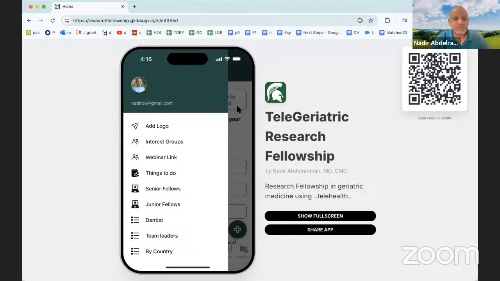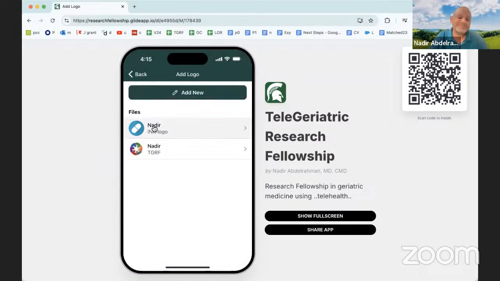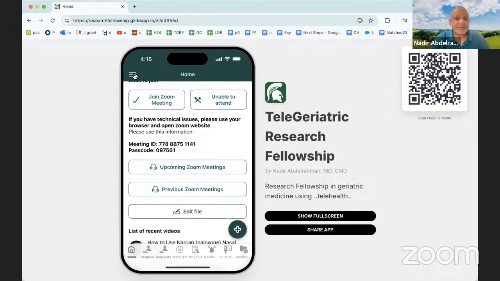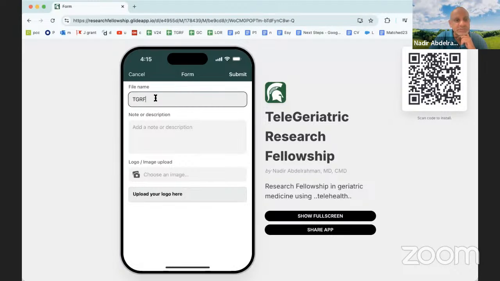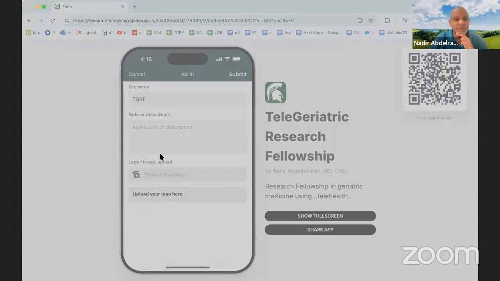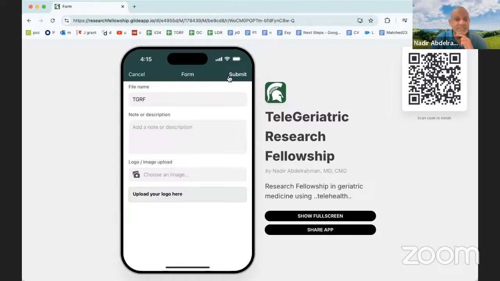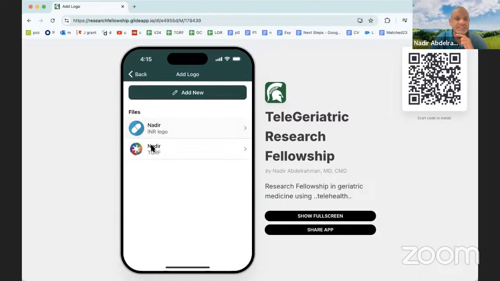If you are good with logo creation or designing a logo, you can go to the app, go to add logo, and add the logo that you want. You can give it a name and maybe a description, then upload the image and send it. It will be submitted and listed under the logos here.